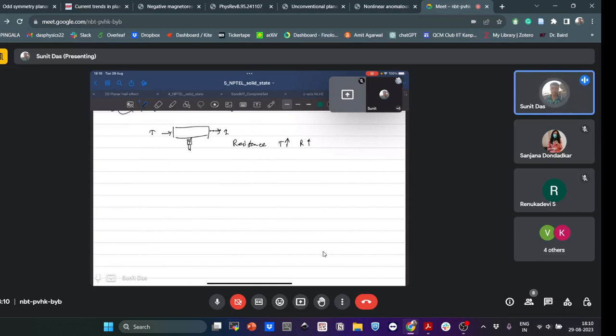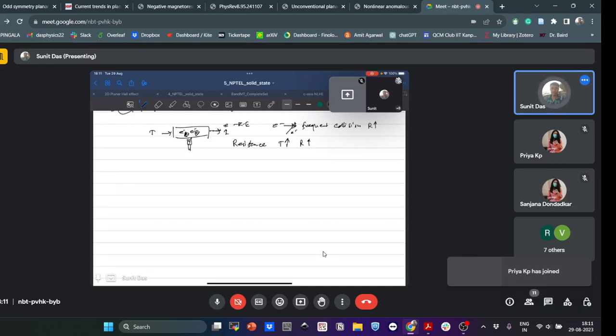A hand-waving answer would be that there are many electrons and many ion cores inside the system. As you increase the temperature, the electrons' kinetic energy increases, so electrons move more randomly, there are frequent collisions, and as a result resistance also increases. That's the typical observation.